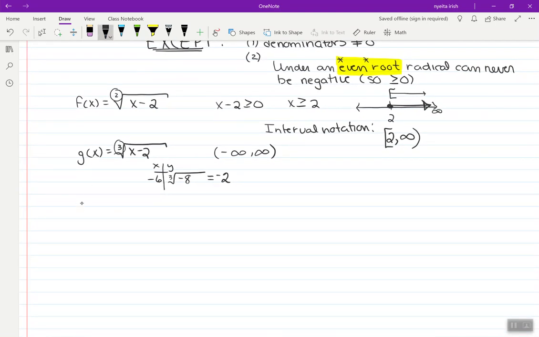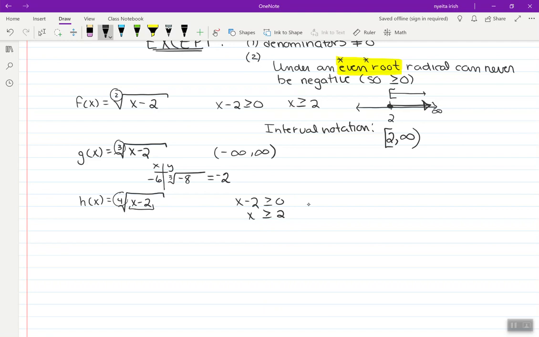So if I have h of x equals the fourth root of x minus 2. Okay, once again, it's under a radical, and it's an even root, which means I set the radicand, oops, let's make that a 2, not a 4. I set the radicand, which is the thing under the radical, I don't worry about the radical symbol, I only worry about the radicand, greater than or equal to 0, and solve for x.